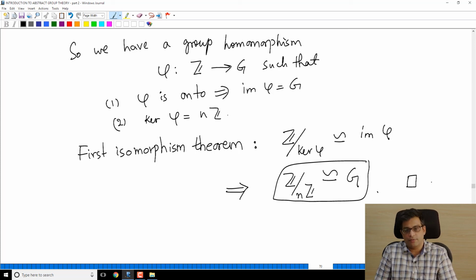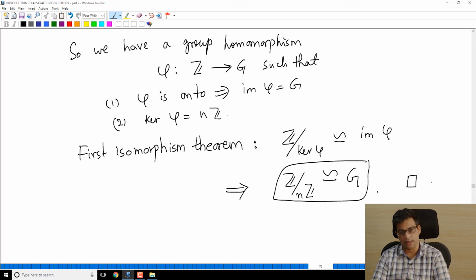It's a very simple observation, but it's repeatedly used in various situations, and using it we have proved a remarkable theorem that any cyclic group is isomorphic to Z mod nZ. Why is it remarkable? Because G is an arbitrary cyclic group. G could be anything, something we do not know.